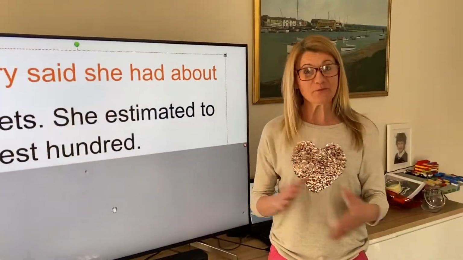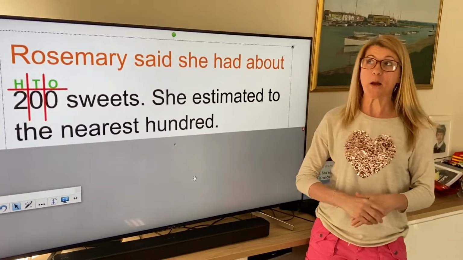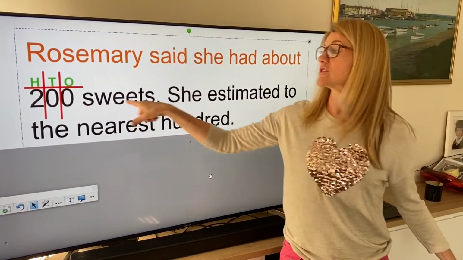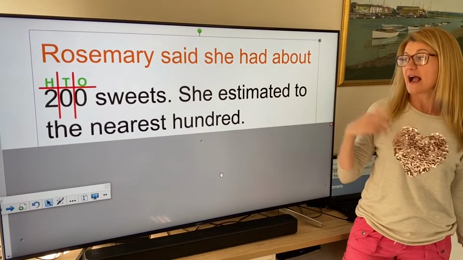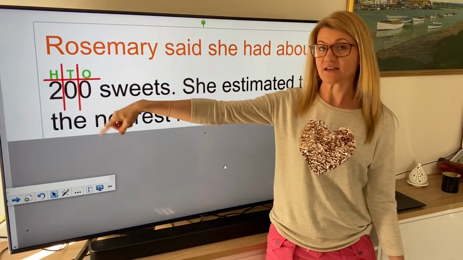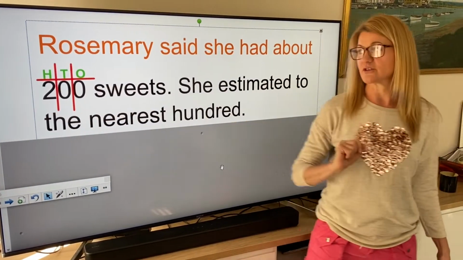So in the video clip we have just seen, Rosemary said she had about 200 sweets. Now she was estimating and rounding to the nearest 100. So she thought around about 200 sweets.